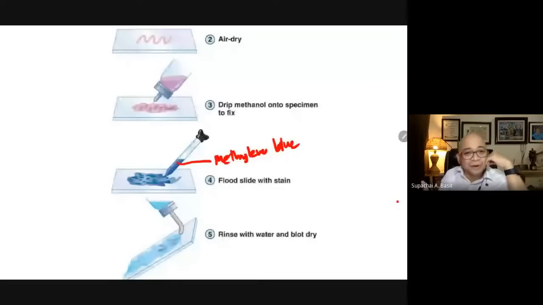Whatever the color of the stain is will be the color of the bacteria. After flooding it with methylene blue, we rinse it with water, blot it, let it air dry, and then we examine it under the microscope. So this is a simple bacterial staining technique.